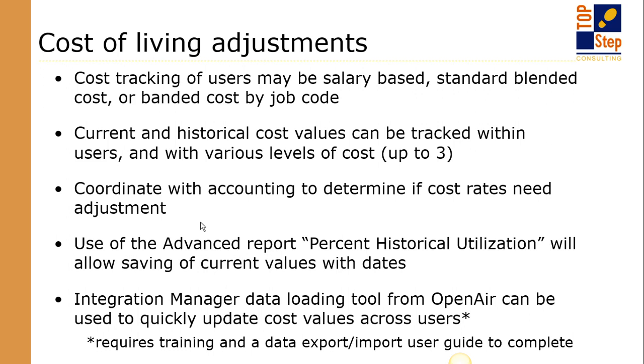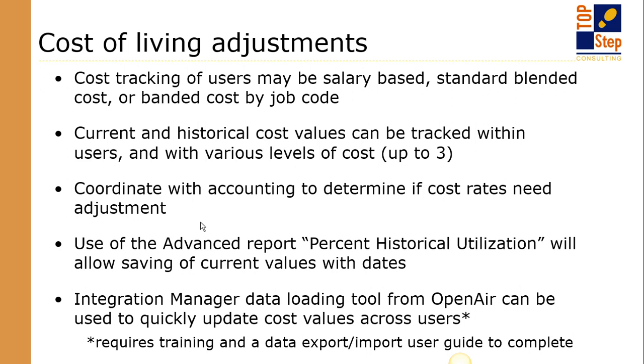And as you know, within the costing in OpenAir, you can go in and you can adjust historically what the cost was and set the current cost. So the historical cost would then get set for 2017, and then the current cost would get set for 2018 costs. And that allows you then to be able to report across years to be able to get an accurate cost.